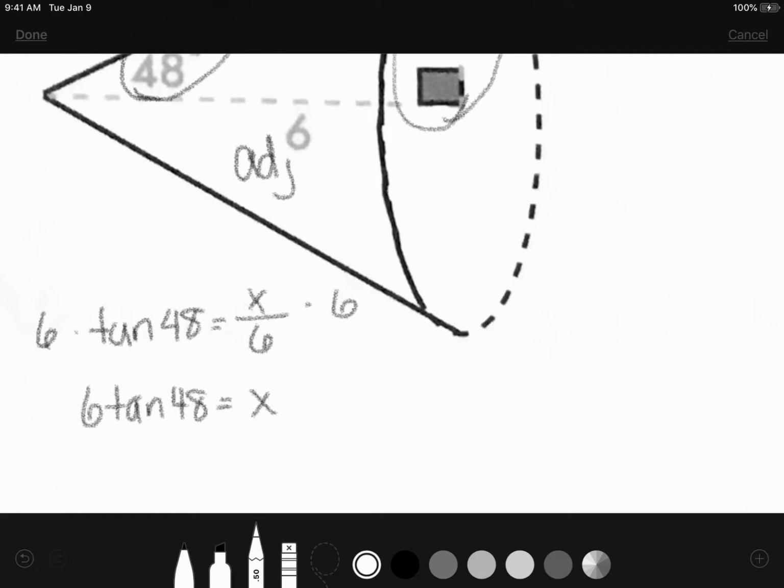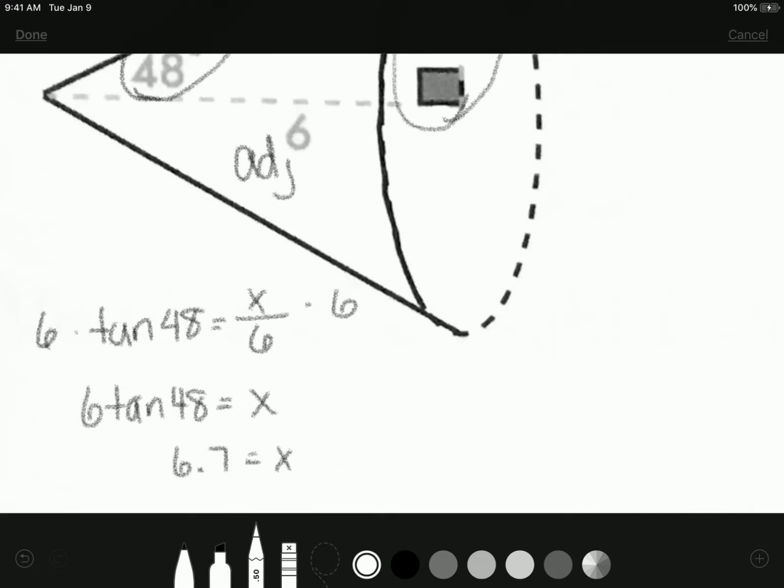So at this point, if you plug 6 times tangent of 48 into your calculator, I'm going to say 6.7, just to not have to write a whole bunch of numbers on one slide.